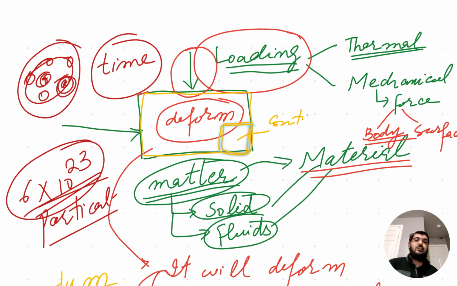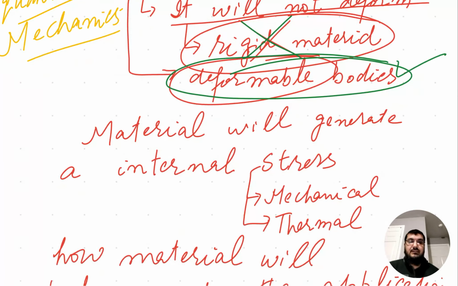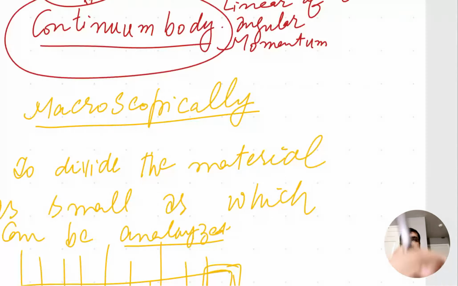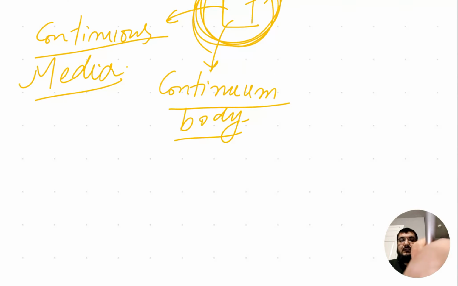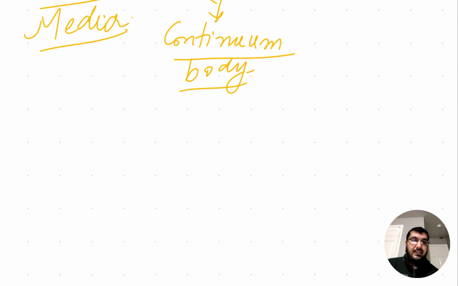I will suppose a body infinitesimally small, over which I can easily apply the laws of mechanics, and we will develop a mathematical theory.